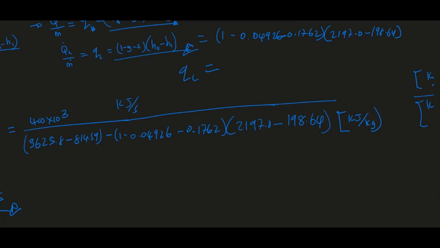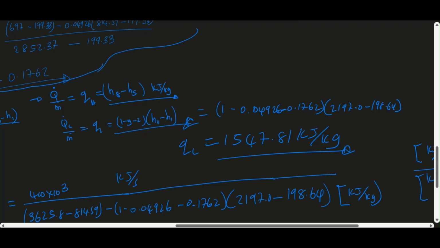So QL is (1 minus 0.04926 minus 0.1762) times (2197.0 minus 198.64), which gives me 1547.81 kilojoules per kilogram.